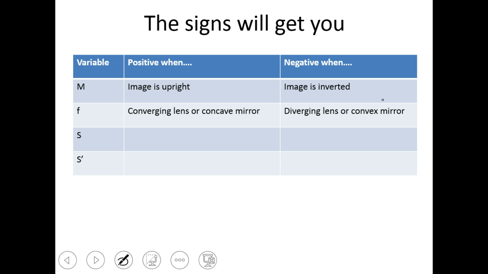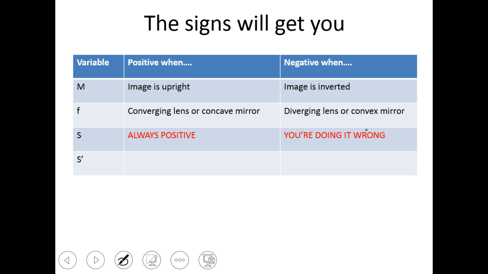The focal length, we give it a positive value if we are working with a converging lens, right, like that, or a concave mirror. And then we use a negative symbol for the focal length when we've either got a diverging lens or a convex mirror, a mirror that kind of points out.